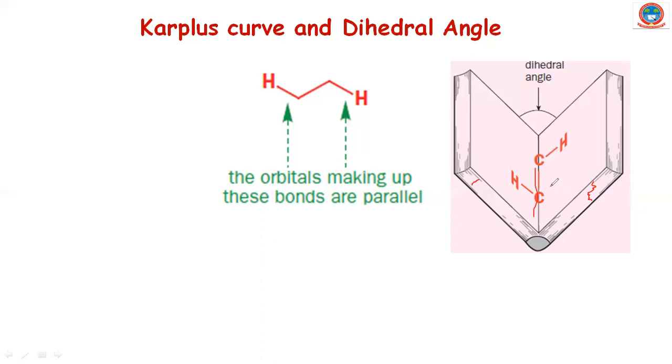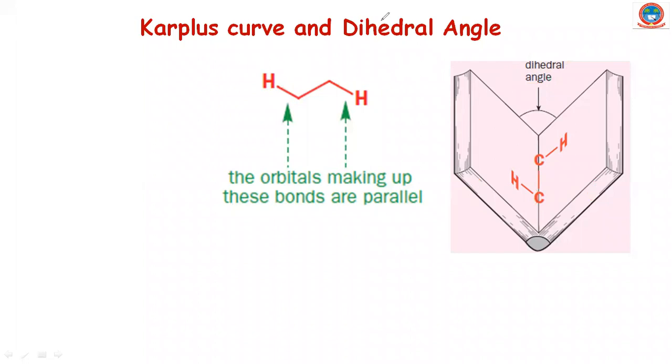So what is the simple idea of dihedral angle? The angle between the hydrogens of two adjacent carbons is called the dihedral angle.